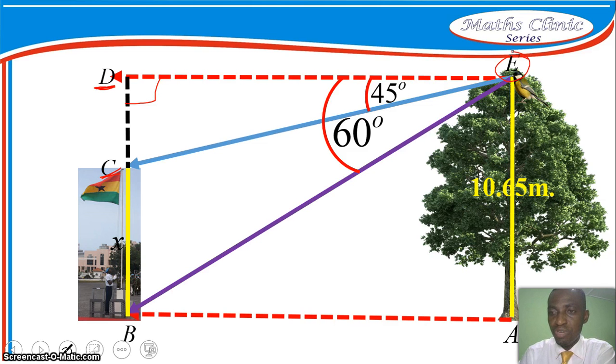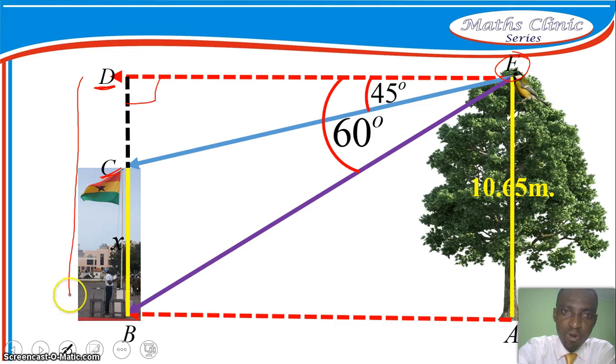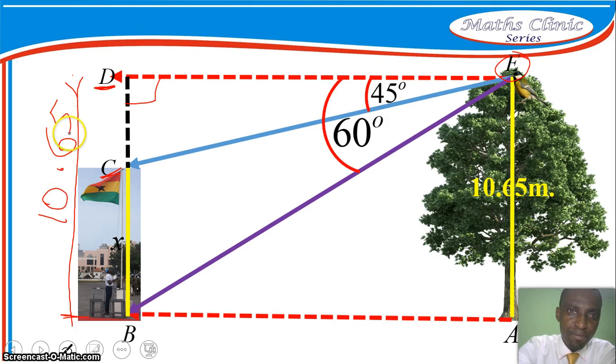So we have two right angle triangles at that side. Now I can make reference to the fact that the whole of this length here is 10.65 meters, right?